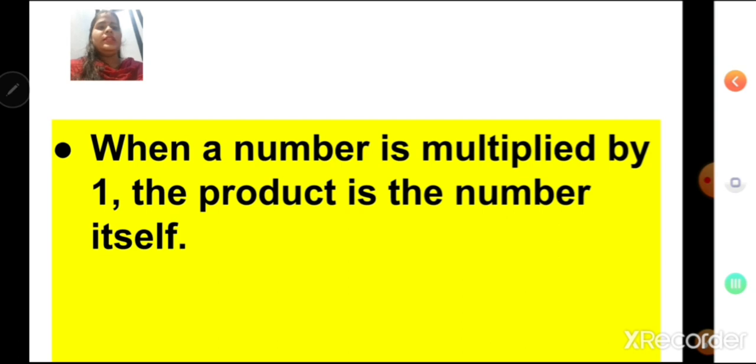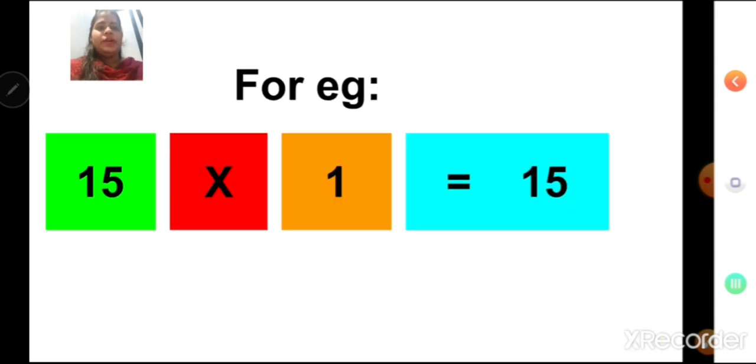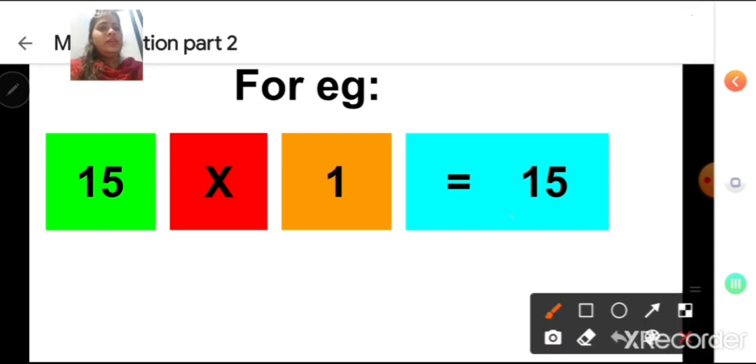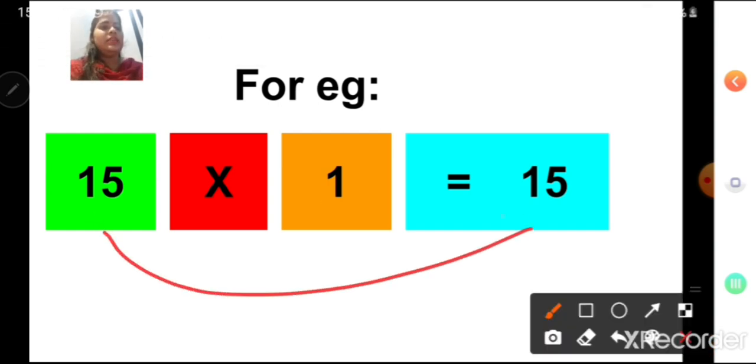Now look at this example: 15 into 1, or 15 multiplied by number 1. The answer is the number itself.